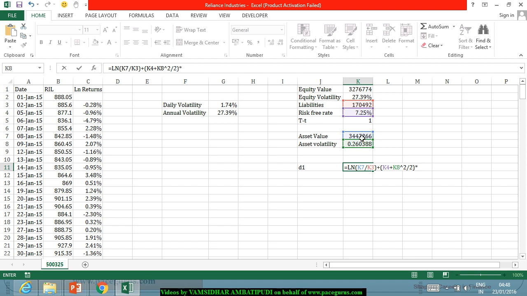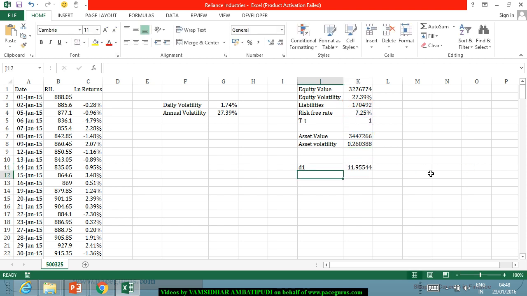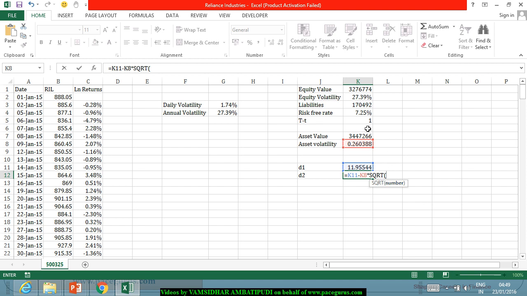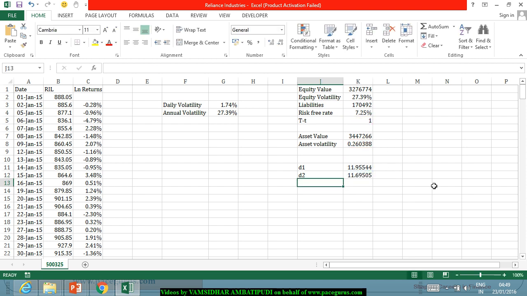So T minus t is anyhow 1, fair enough. And this whole thing is divided by sigma root T, where sigma is the asset volatility here, square root of T. So this is what works out to be my D1. D2 comes out as D1 minus sigma root T, D1 minus sigma into square root of T. This works out to D2.